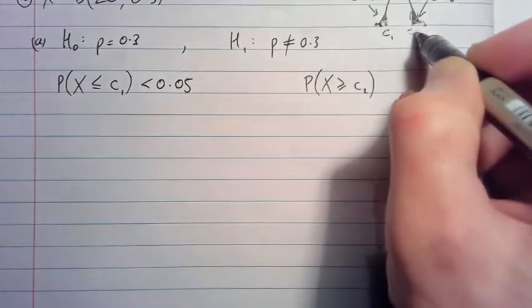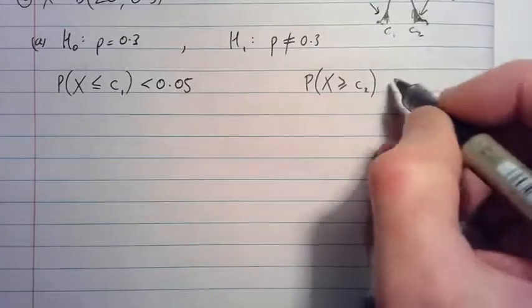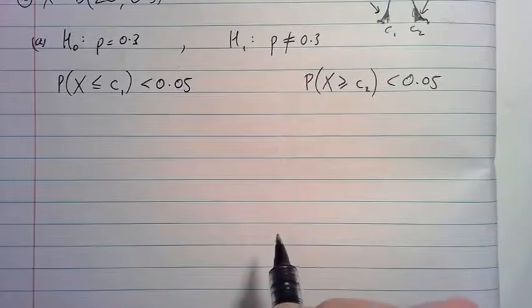That's going to be C1 and C2 respectively. So the probability that X is greater than or equal to C2 is still supposed to be less than 0.05.